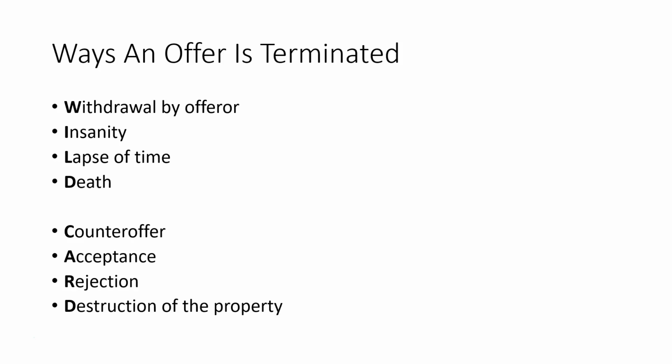And we've got a counteroffer. When a counteroffer is issued, then that kills the original offer. Or if the offer is accepted, then that offer now becomes a contract. The offer can be rejected, or, of course, what we're wanting to buy, the property, can be destroyed, and therefore there's no basis for the contract.